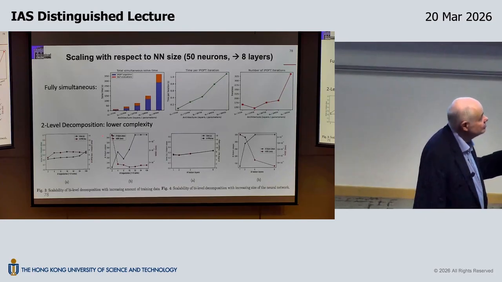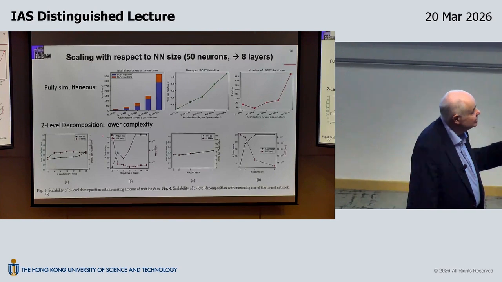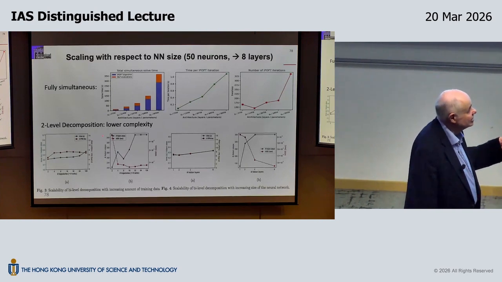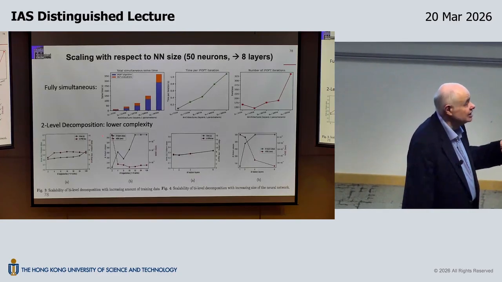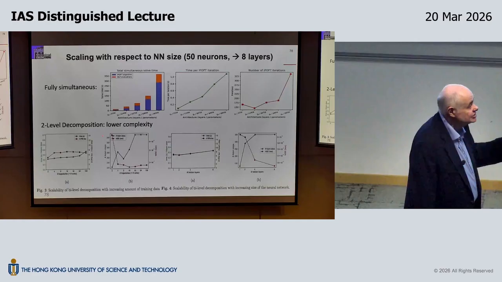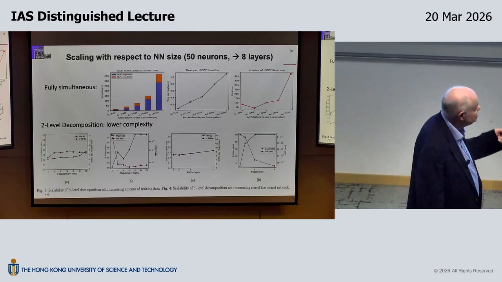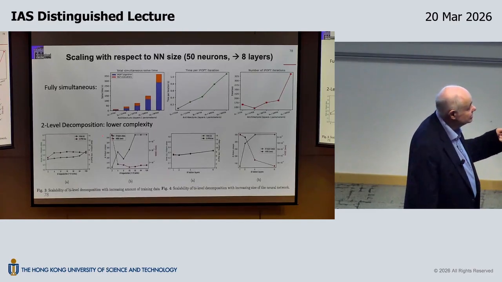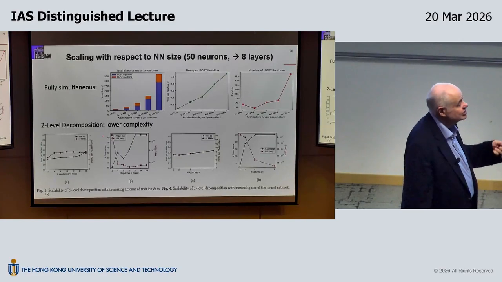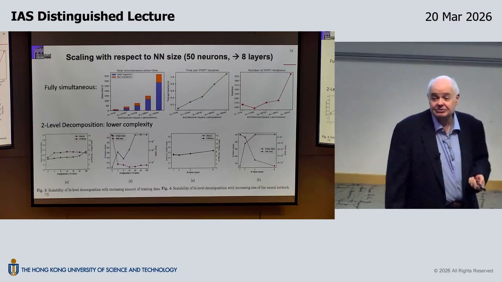So this is good. And then finally, as we increase the number of hidden layers, the time per Adam step is pretty constant, and the number of Adam steps saturates as well. So as you increase the amount of data and the number of layers, this scales much, much better than the simultaneous method.